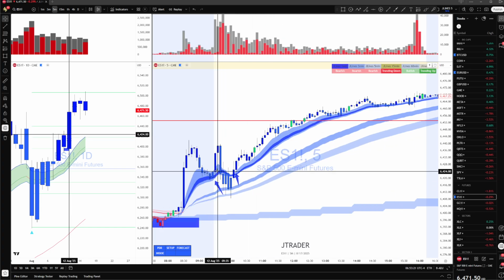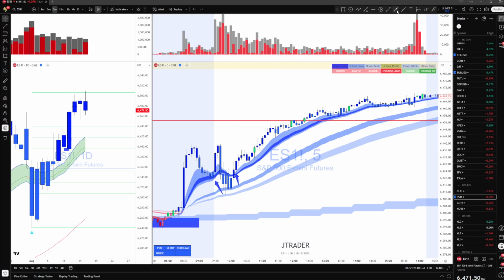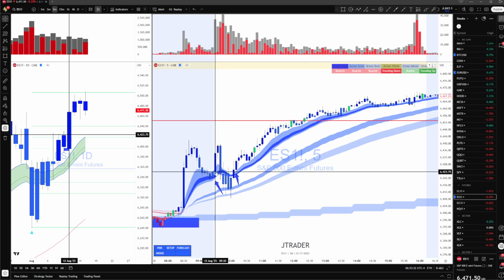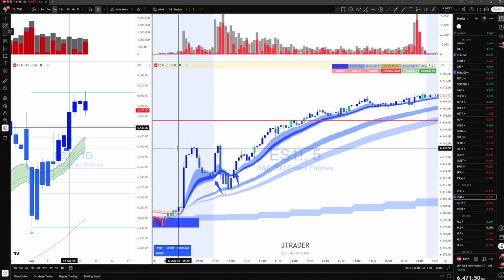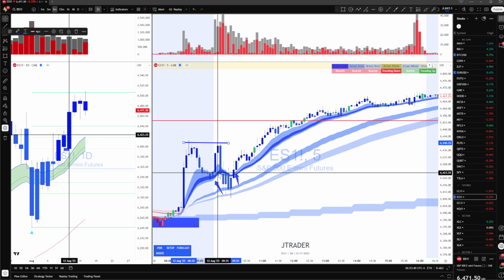Right away you can see how the price dips into the JLINES, pushes back up, and that becomes your long. Unless you're scalping, it's going to be a scratch trade, so a stop at break even. The price pushes, but it cannot break the pre-market high.